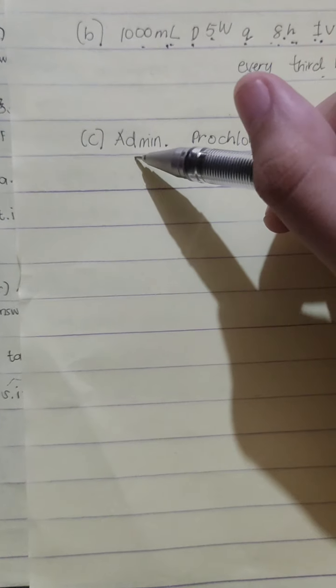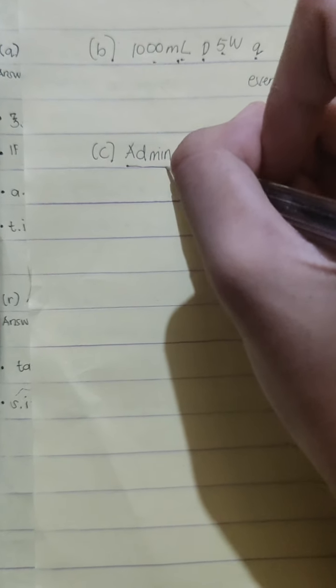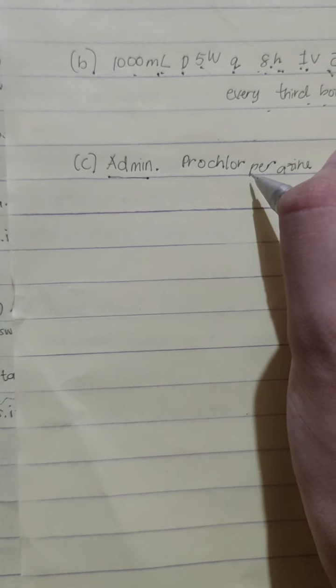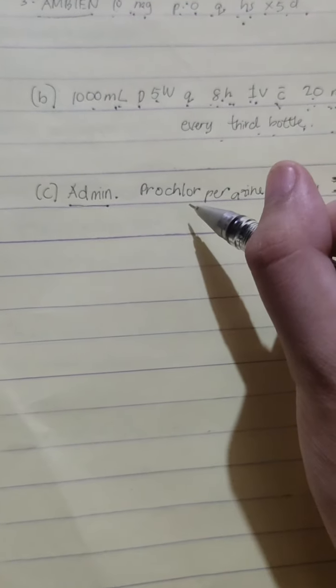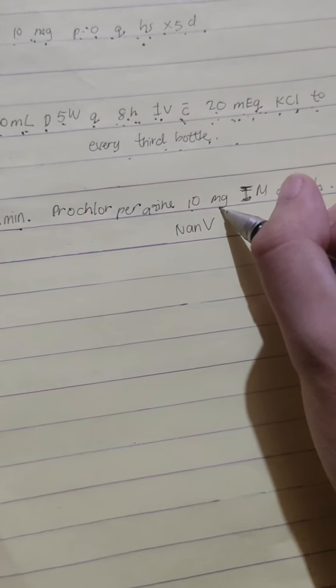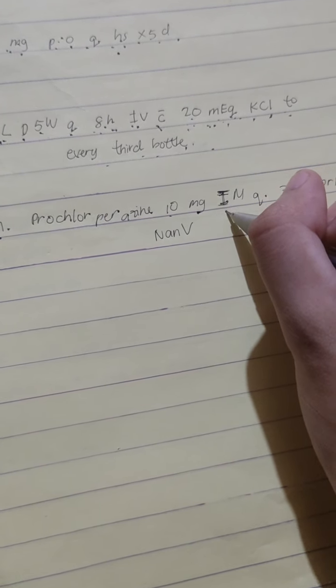So let's proceed to C. Admin, which has no Latin, so it is administer in English, and prochlorperazine, I don't know how to pronounce this. It is already given. 10 mg, mg is milligrams. IM, which means intramuscular.